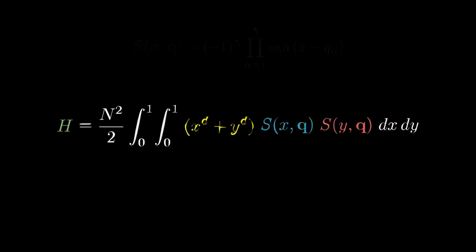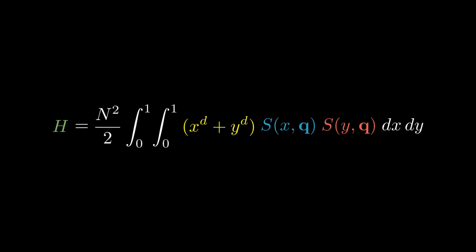The discrete sum over all spins i and j becomes a double integral over all positions x and y. The discrete tension J_ij becomes a continuous function, x to the power of d plus y to the power of d. And the discrete spins S_i and S_j become their continuous counterparts, S of x and q and S of y and q.